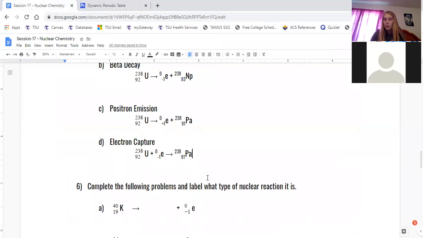Complete the following problems and label what type of nuclear reaction it is. So we have this, so we have to figure out what we're putting in the middle here. So what are we going to put in there? What is our top number going to be? It's going to look a lot like the problems before.